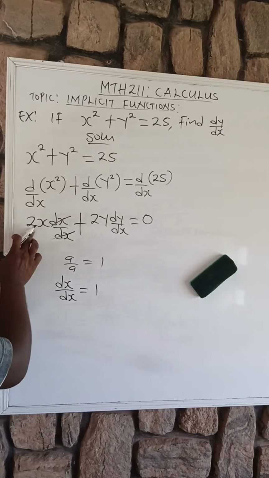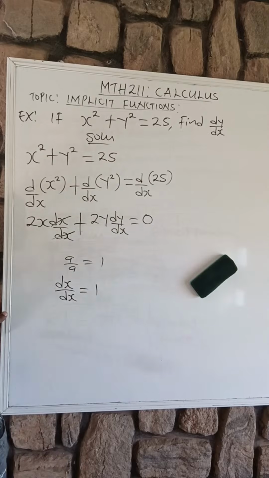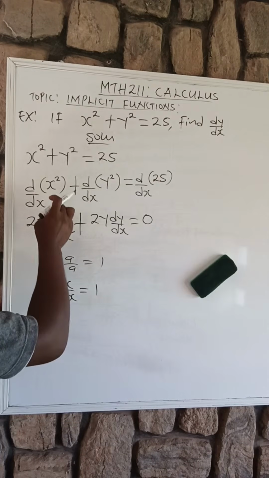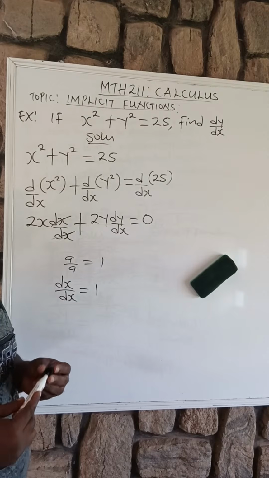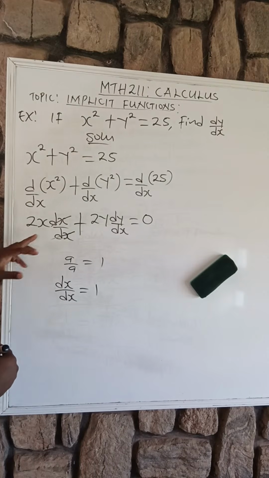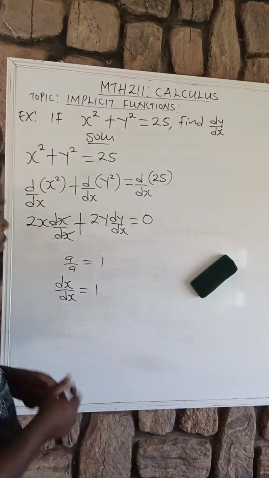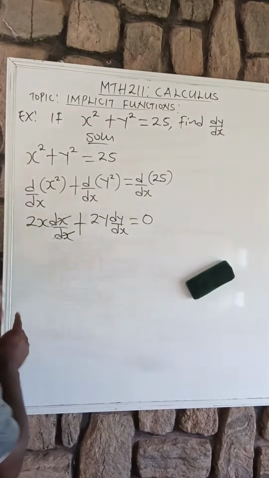We'll be left with what? 2x. But mind you, this and this cannot cancel because this is the y, this is the x. The reason why this and this cancel is this is the x, this is the x. So everything turned to 1. So by the time you use 1 to multiply 2x, it's the same thing as 2x. Amen? It's okay. So far, so good.